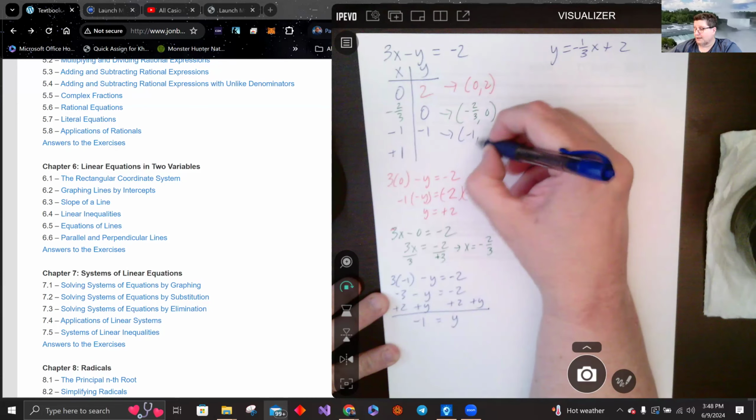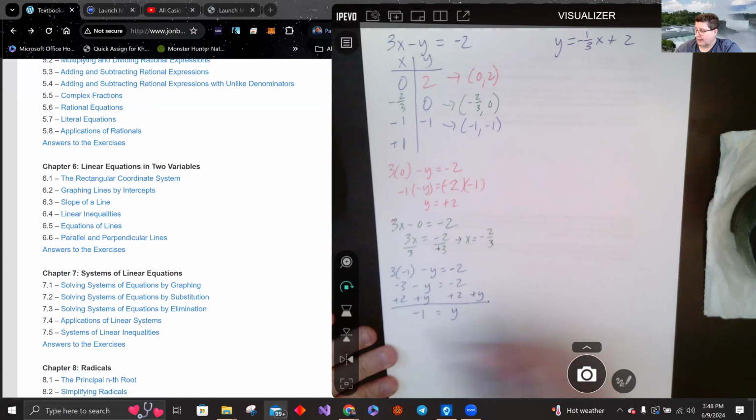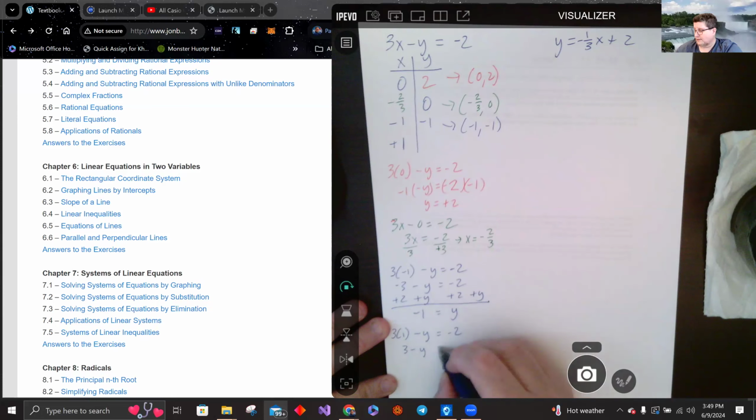This is (-1, -1). And when I plug in x equals 1, and do what I did last time, add y to both sides and add 2 to both sides, I get 5 equals y.